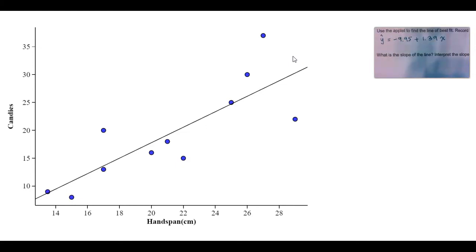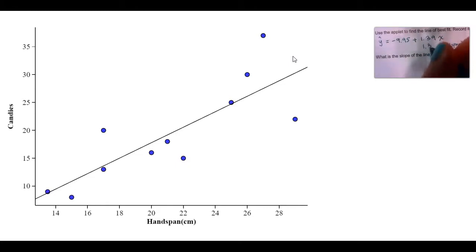Okay? Since this is about candies and handspan, I can also rewrite this in terms of the candies and handspan, right? So what was your x values? My x values are the handspan, right? So instead of x, I can put the handspan.